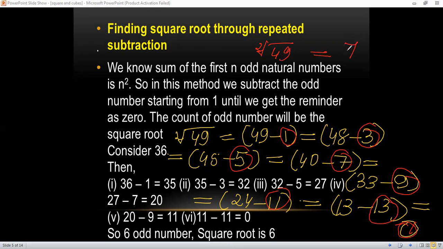So what we are doing here is taking consecutive odd numbers and subtracting them from the number for which we have to find the square root. We will subtract until we get 0 at the last, and then we will count the odd numbers.